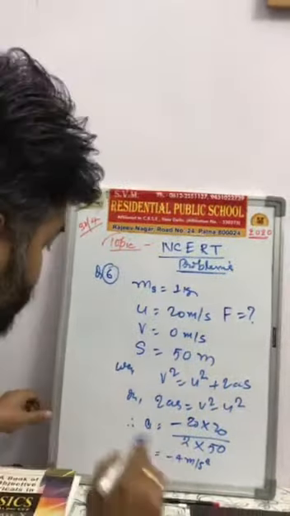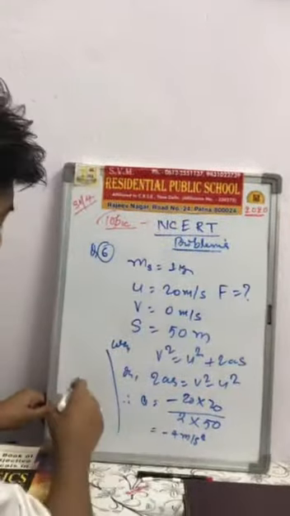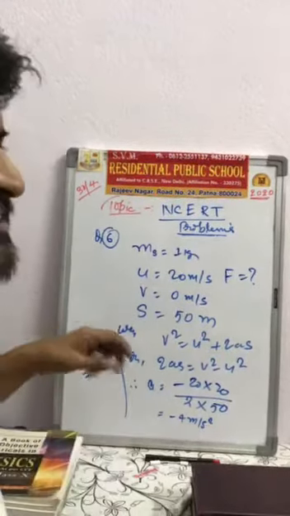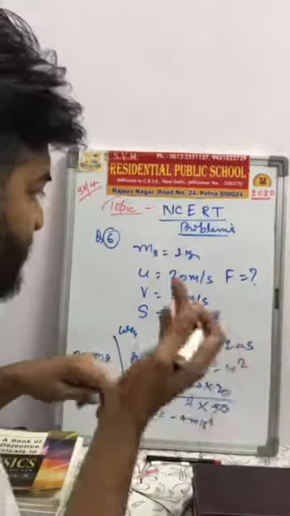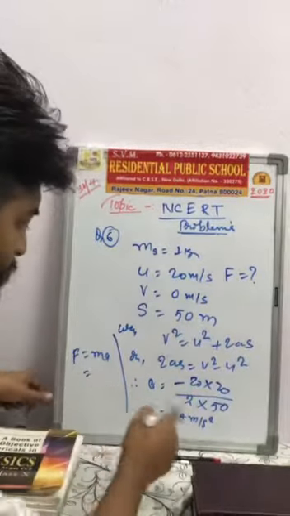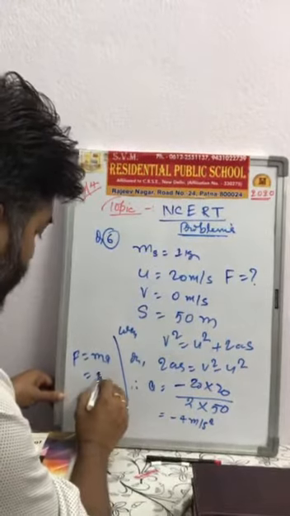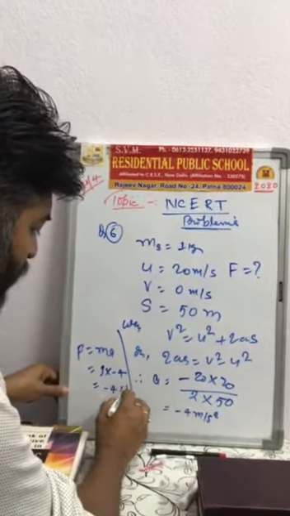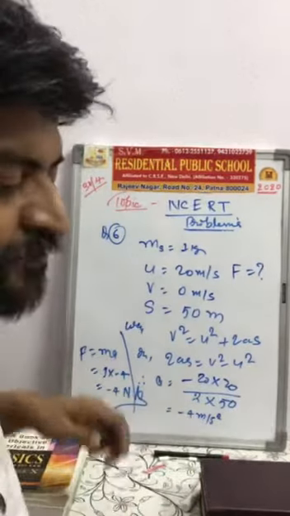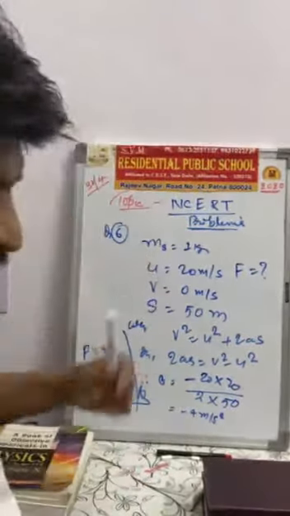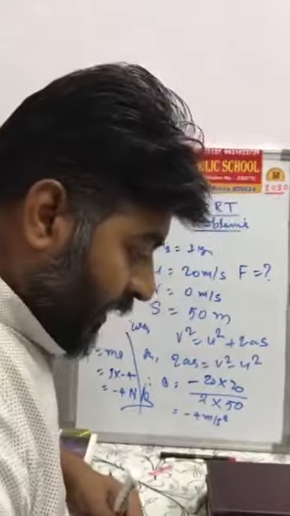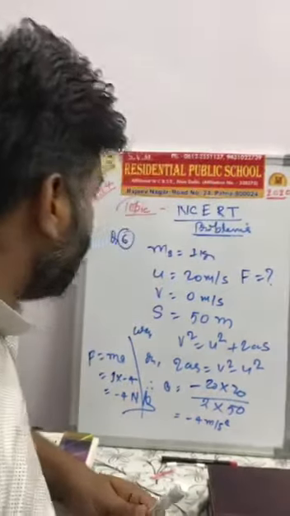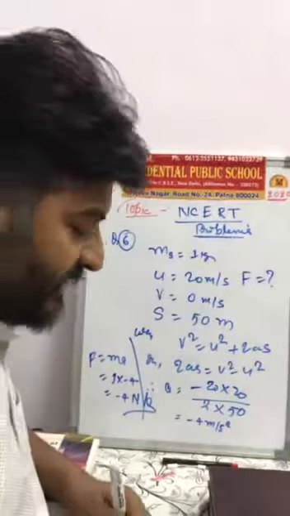Now F is equal to mass into acceleration, so this is the resistive force. The resistive force is negative, so mass 1 into minus 4, that means minus 4 Newton. This is the answer.